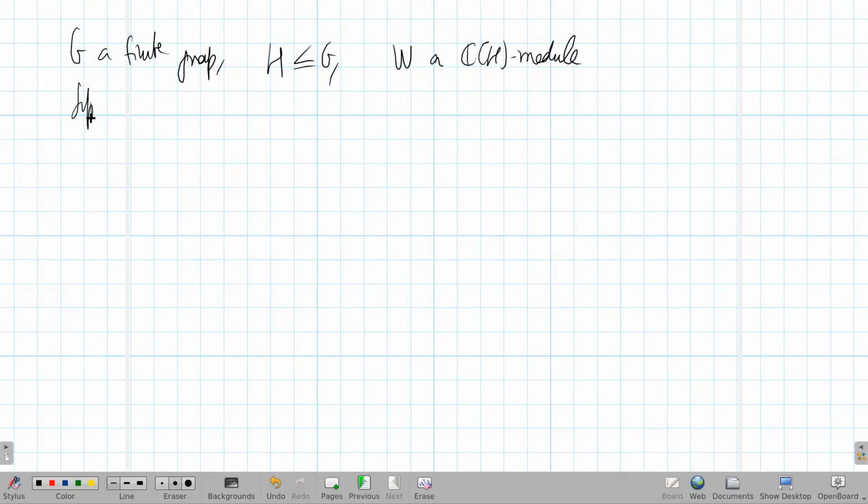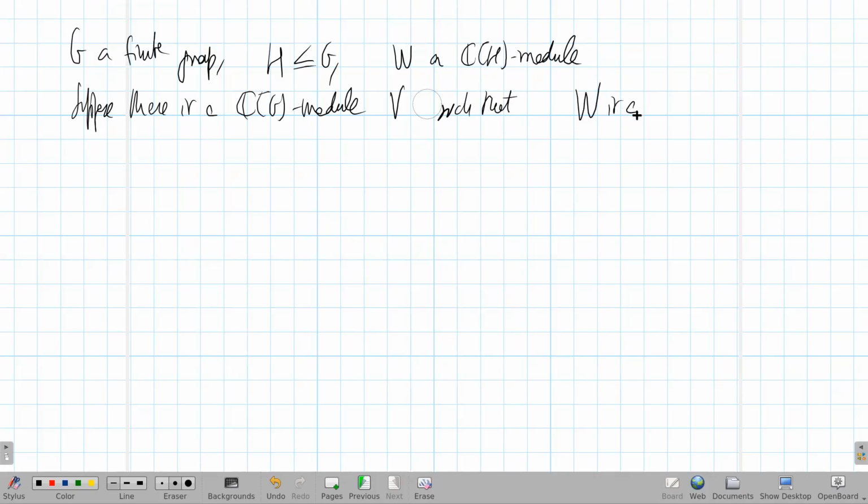Suppose that there is a CG module, so if you want a representation, V, such that W is a subspace, I mean just a vector subspace, of V.